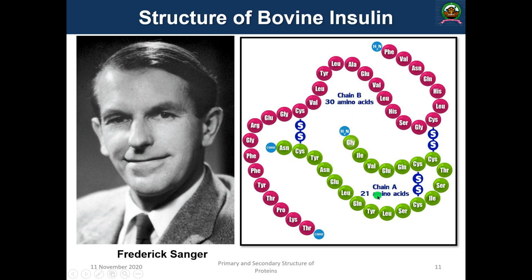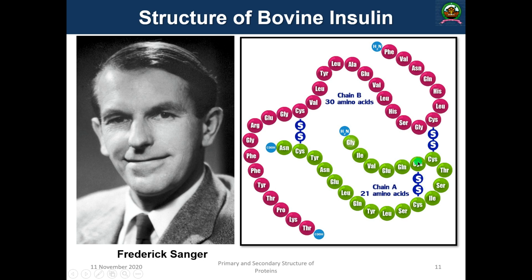Here you can see chain A has 21 amino acids and chain B has 30 amino acids. From the amino terminal end to the carboxy terminal end it is going, and from here also, amino terminal end to carboxy terminal end. There is a cysteine and cysteine. The seventh one, counting 1, 2, 3, 4, 5, 6, seventh, the seventh cysteine between the first chain and second chain has a disulfide linkage.